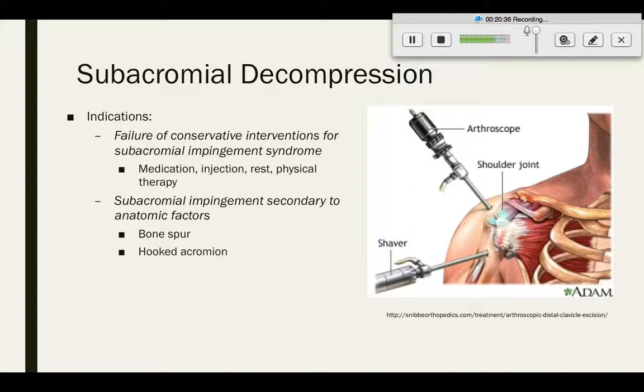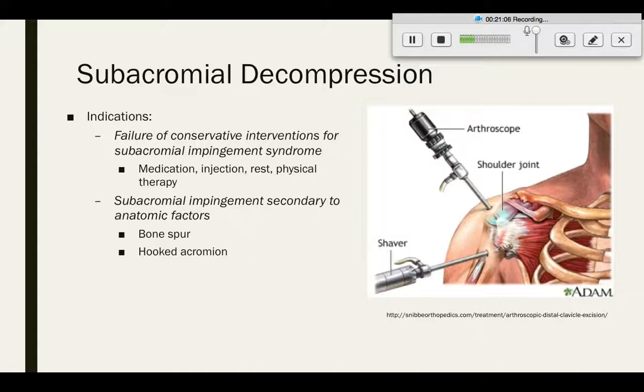Indications for surgery: failure of conservative interventions for subacromial impingement syndrome, which span anywhere from medication, injection, rest to physical therapy. And it's typically also due to some sort of an anatomic factor that is contributing to the presentation of impingement, whether there's bone spurring and degenerative changes or a hooked acromion or chronically inflamed bursa.